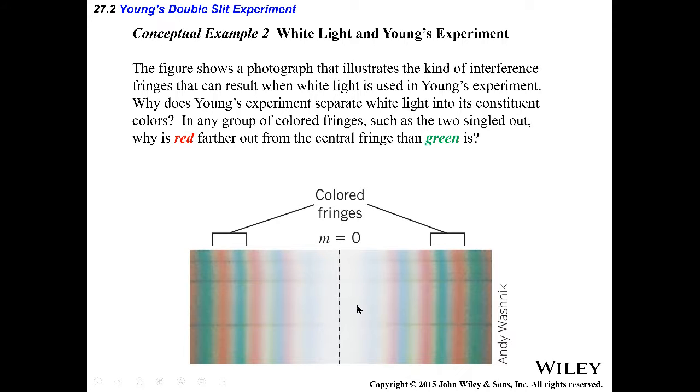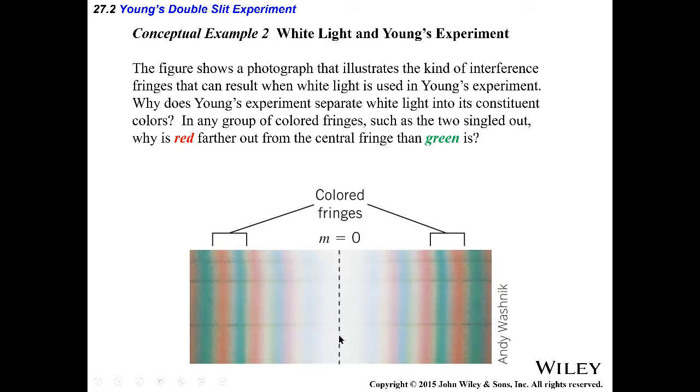But now I don't have a single wavelength light. I have a mixture. I have red, blue, green, yellow, and so on. And now they say, what is it that you see? Well, they had some student come by and then they actually did it.